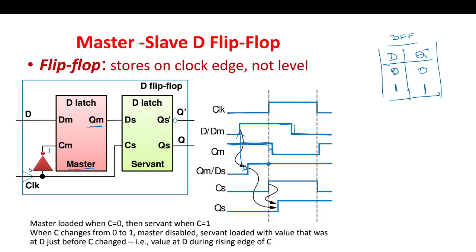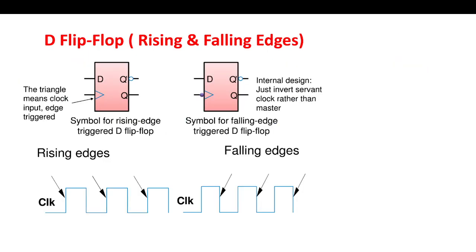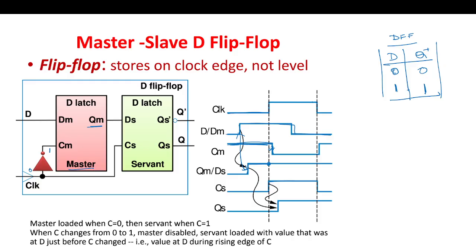Next, at this edge CS is 1, the slave clock is 1. That means this value should come to the output, so this 1 should appear here.